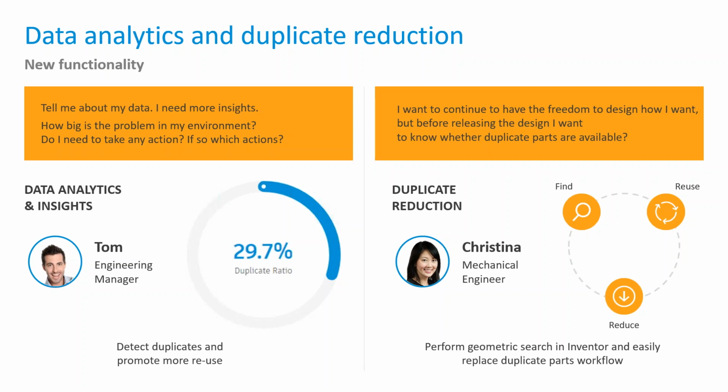From an engineering manager standpoint, I want to know how many duplicates do we have? Is it a problem or not? Do I need to take action? Whereas the engineer, they don't necessarily want to be forced. Maybe they've been told, for example, you guys are creating too many parts that are the same. It takes us a lot of time and money to execute all that. You guys need to start reusing more. It's like, okay, well, now I spend half my time looking for something to reuse as opposed to just designing.